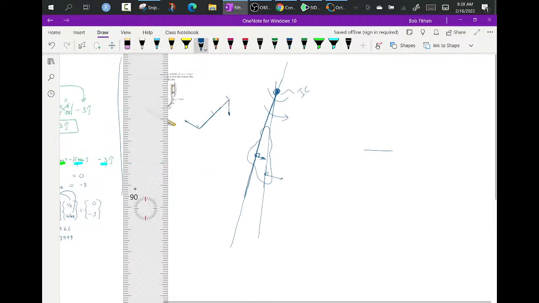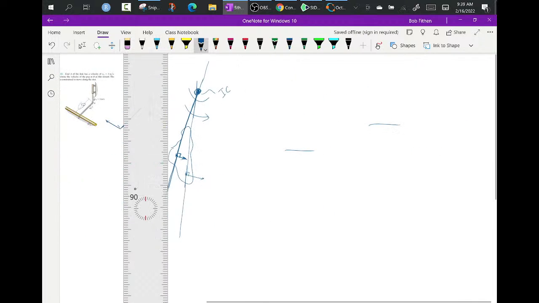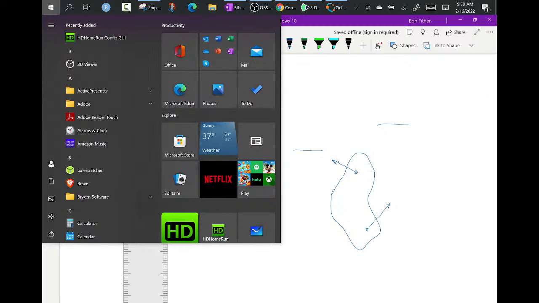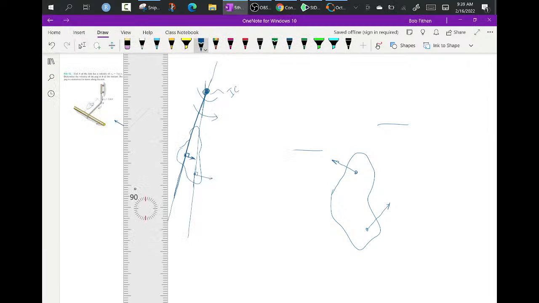I'm going to try to move over here. You have an object. So you had a velocity that was going this way. And then over here, you had a velocity that was going that way. And you're like, where does it appear like it's rotating about? Take a 90-degree line and just draw it. So take another 90-degree line and just draw it. This is where it appears to be rotating about.